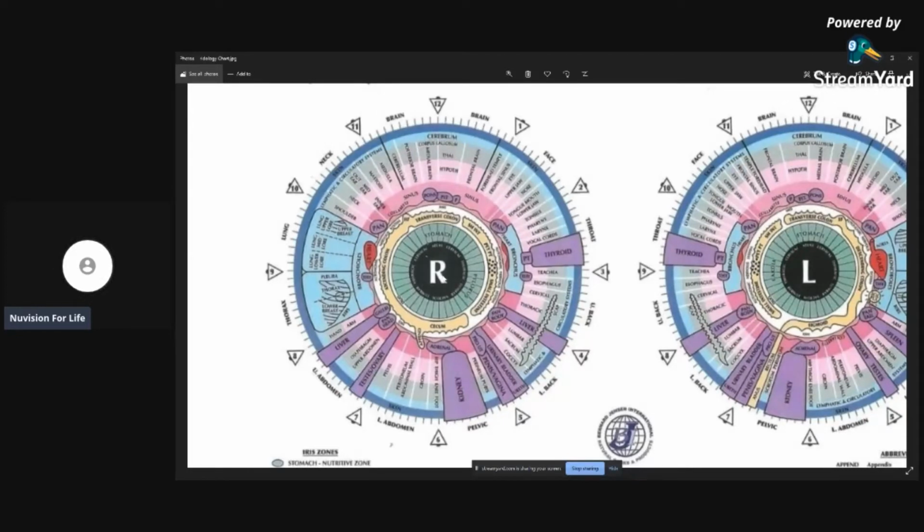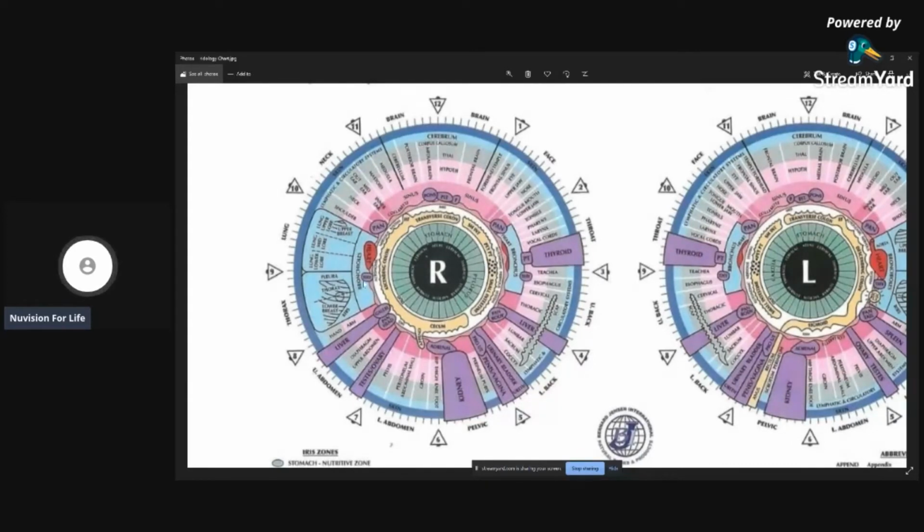Here's the pupil, basically. And then as we work our way out of the pupil, we have an area of the stomach region. We'll show you an eye so everybody can get a good idea of what we're looking at. And then we have the colon, the transverse colon, just out beyond that. And then we start moving into some of the organ areas of the body, and that continues to stretch out as the iris grows out.